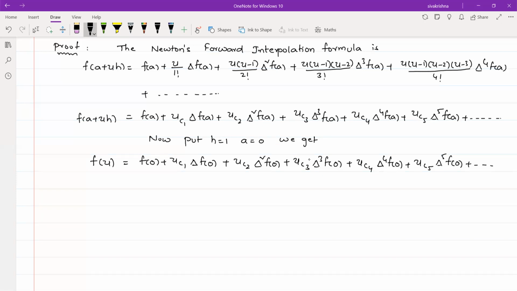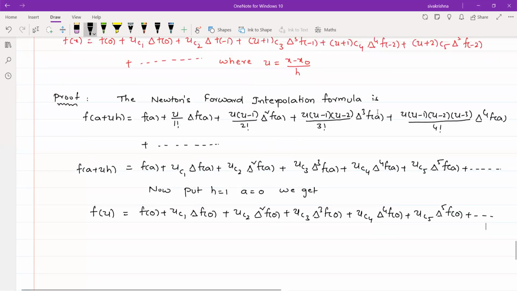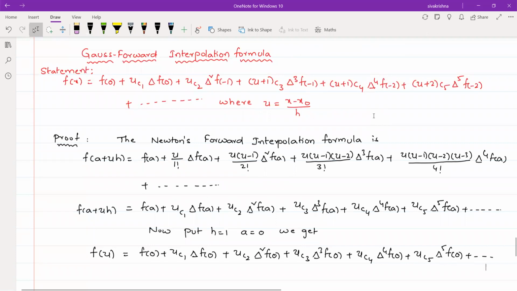So in this step, the first two terms are the same as in Gauss forward interpolation formula, after substituting a is equal to 0 and h is equal to 1 in Newton's forward interpolation formula. It means we have to change from the third term onwards, because in Gauss forward interpolation formula the third term is uC2 into delta square f of minus 1.